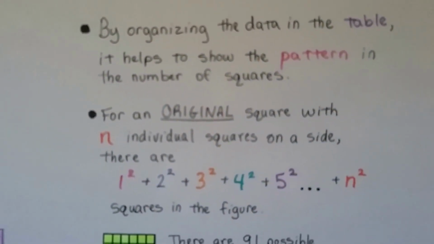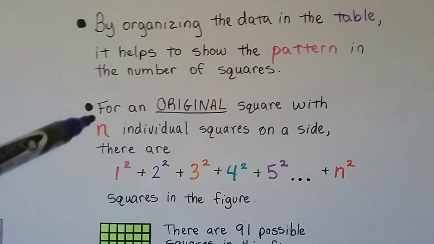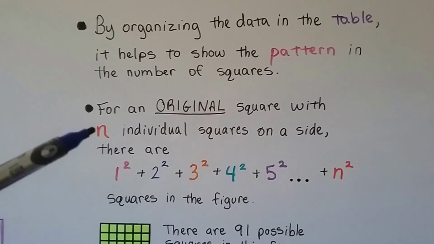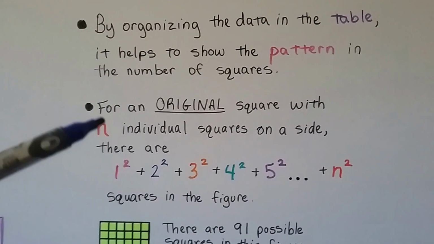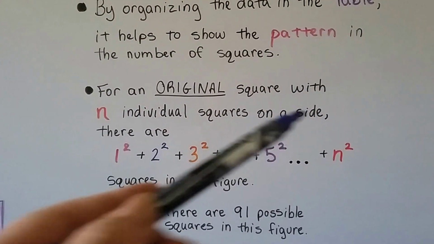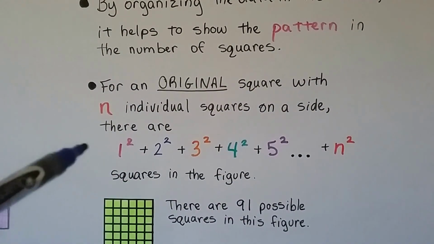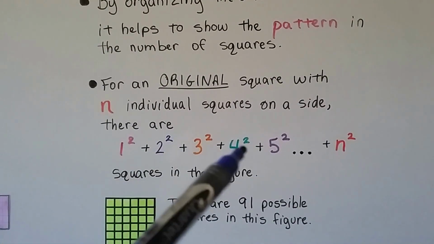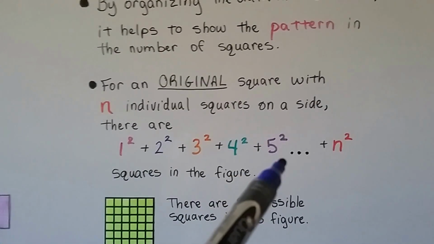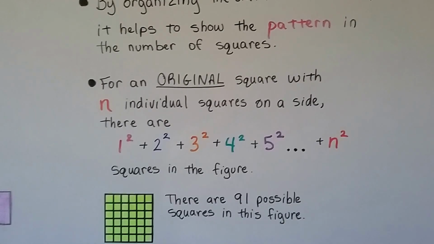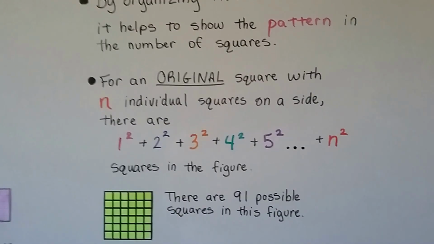For an original square with n individual squares on its side, so we don't know how many it is, it could be 98, it could be 37, whatever, there are 1 squared plus 2 squared plus 3 squared plus 4 squared plus 5 squared, etc., plus n to the second power, n squared, see?